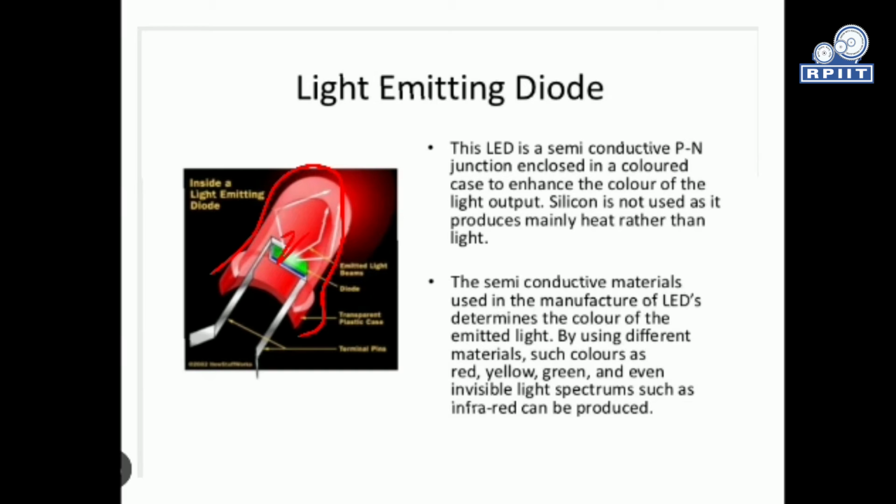By using different materials we can produce different colors like red, yellow or green, and even invisible light spectrum such as infrared can be produced. So different types of semiconductor material are responsible for different colors of light.